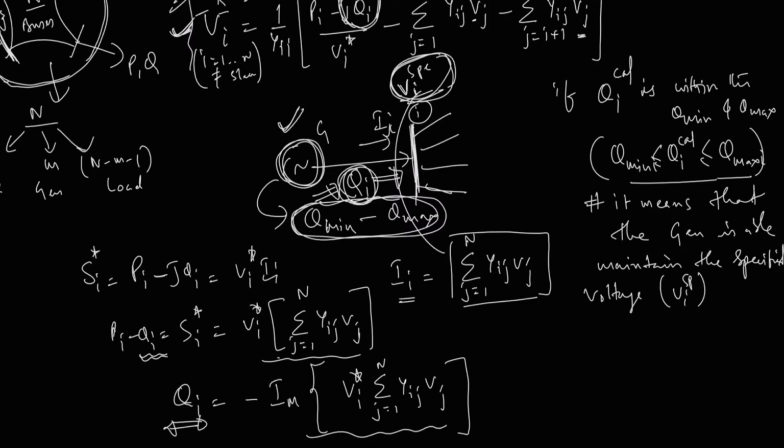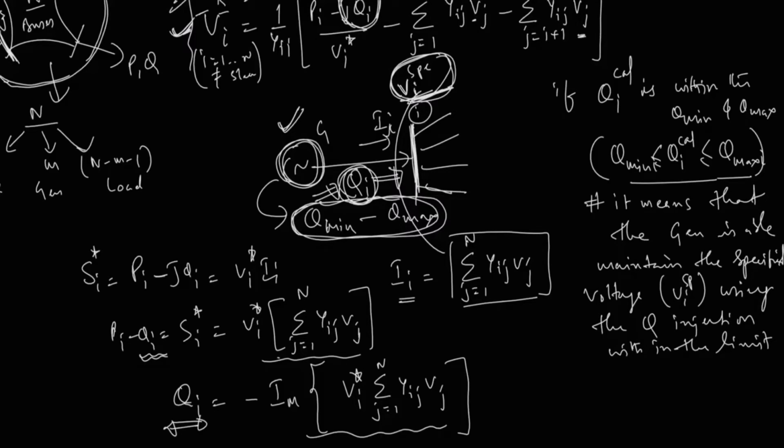That particular specified voltage can be maintained using the reactive power injection within the limits. So that means the bus voltage can still be maintained at the specified value.